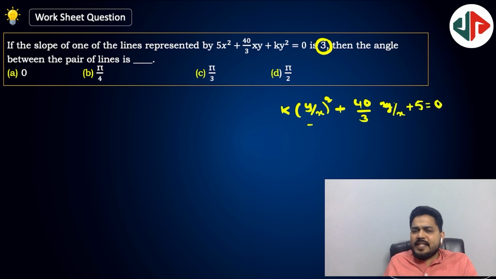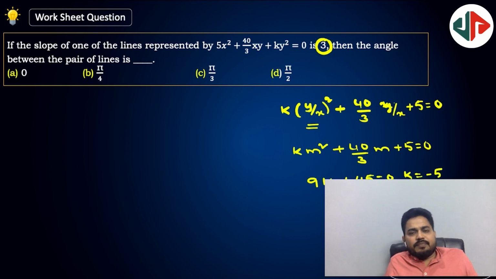This is m only. So it is km square plus 40 by 3m plus 5 is equal to 0. m is equal to 3. So 9k plus 45 is equal to 0. k is equal to minus 5.